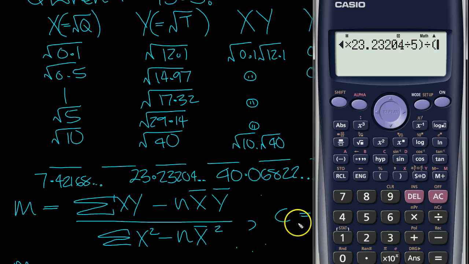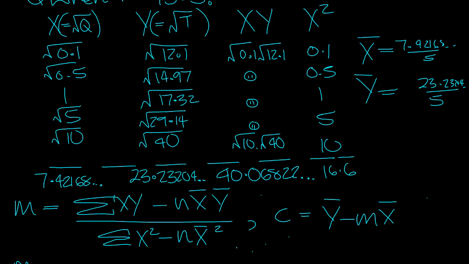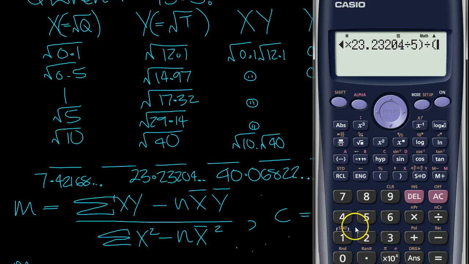divided by summation of the x squareds, 16.6 divided by 16.6 minus 5 times x bar squared. Well, that would be this squared over 5 squared, and one of the 5's will cancel, so it would be just this over 5. It's this squared minus 7.42168 squared.